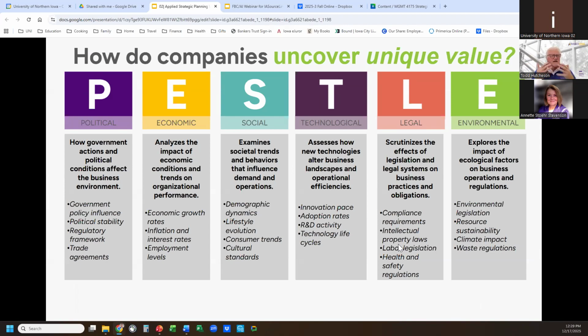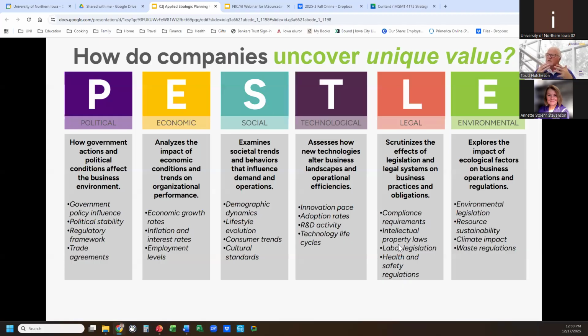We have technological changes happening at breakneck speeds, continuing to increase every day. What's the pace? What are the adoption rates? What does it look like in my industry? What does R&D activity look like? Legally, what legislation is happening out there? What legal system impact is happening that affects my business?